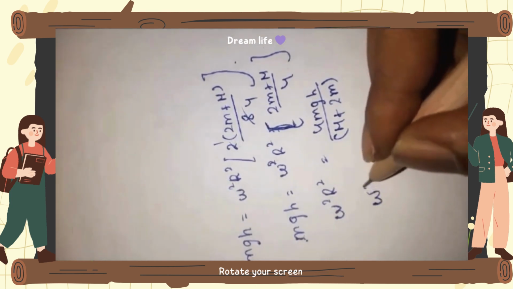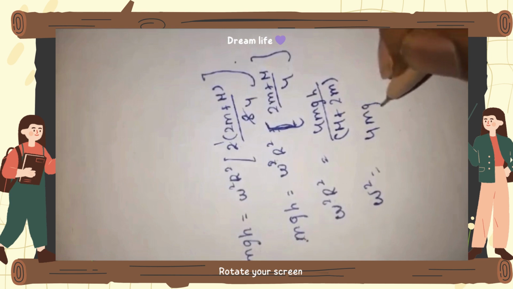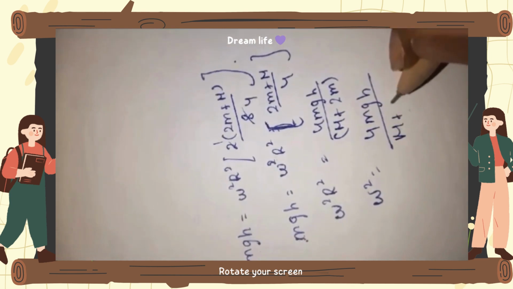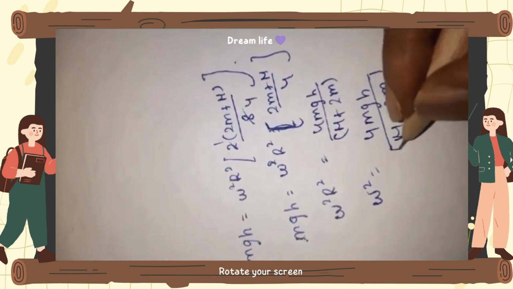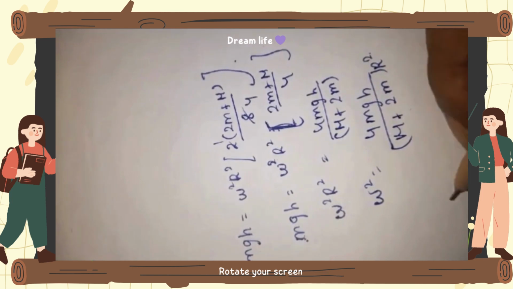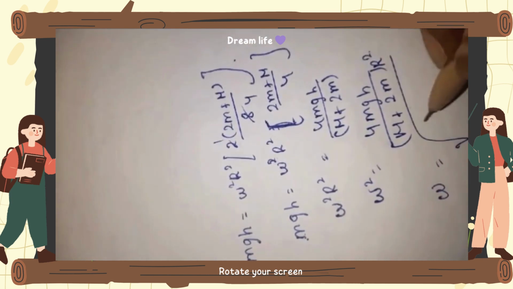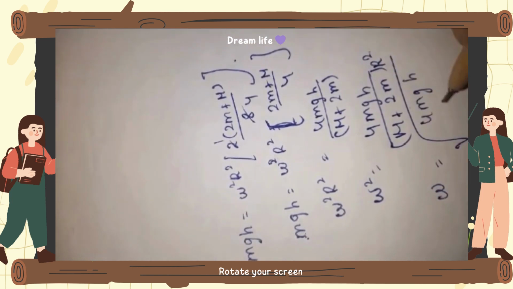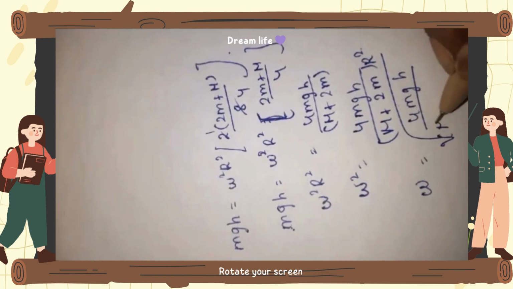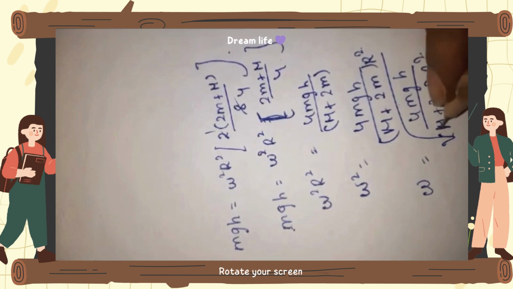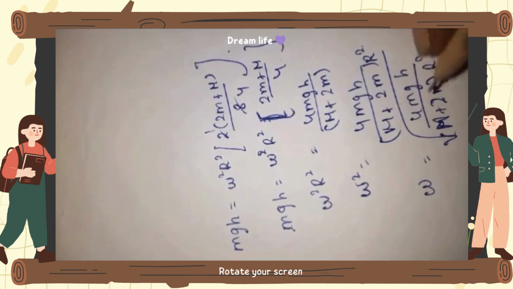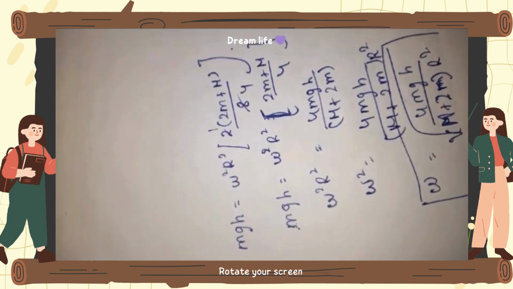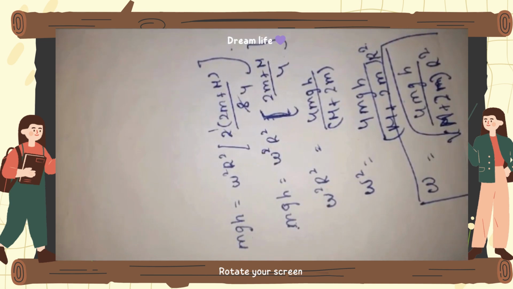So omega square will be equal to 4 mgh divided by M plus 2m into R square. So omega will be equal to the root of 4 mgh divided by M plus 2m into R square. So this will be the answer for this question. It is omega equal to root of 4 mgh by M plus 2m, times R square.